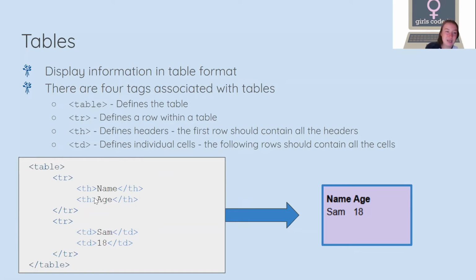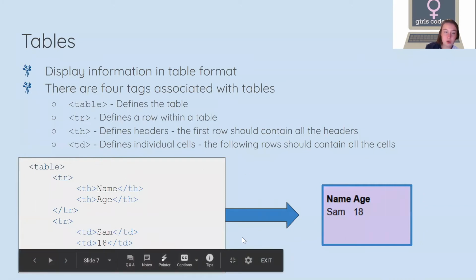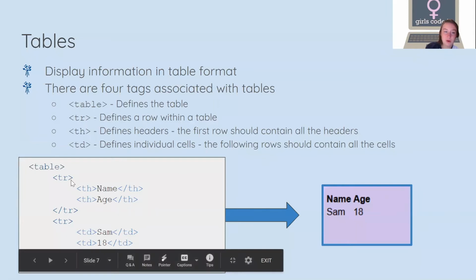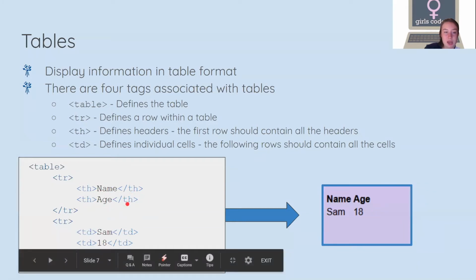So this table right here, this is the code for this table. We have table, and we have our TR here. Oh my gosh, can that go away? Sorry, let me move the pointer so it maybe will go away. Okay, so TH, header, is name, age.